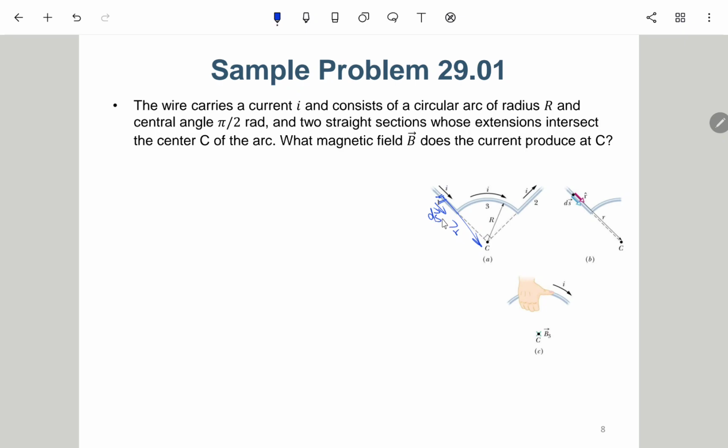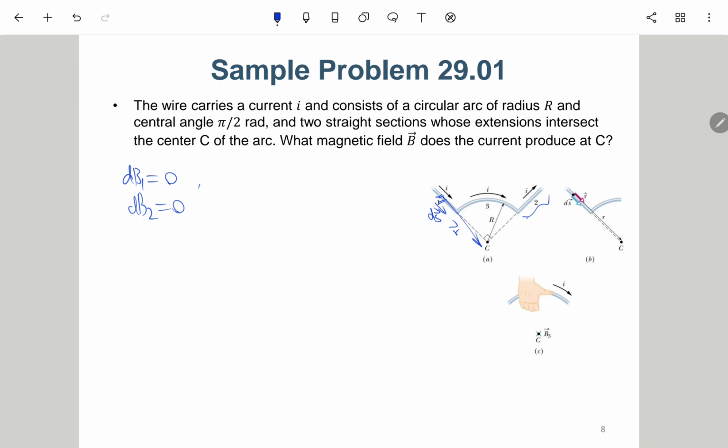So dS and r hat point in the same direction, so the cross product will be 0. So dB1 will be 0, and similar for segment 2, dB2 also equals 0. So these two segments will generate no B field at point C.